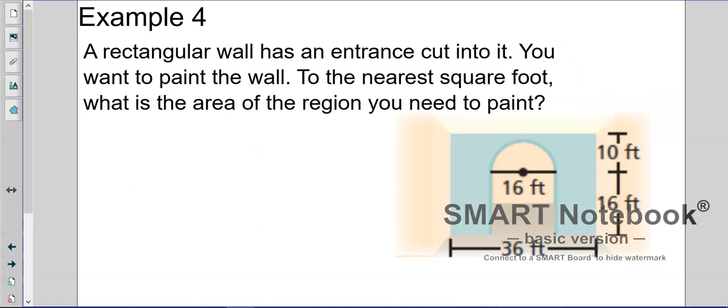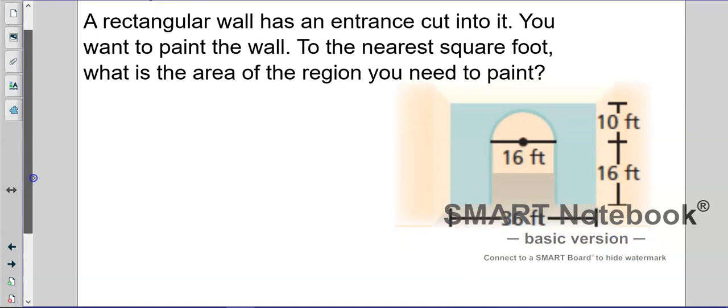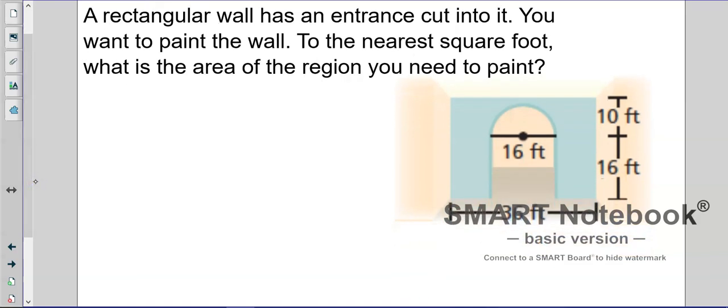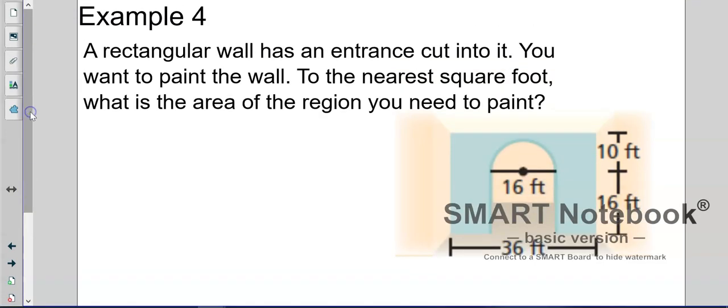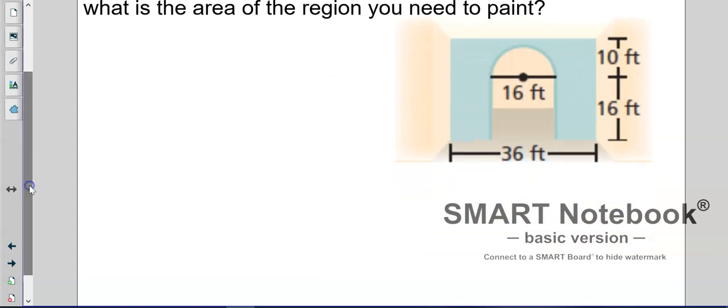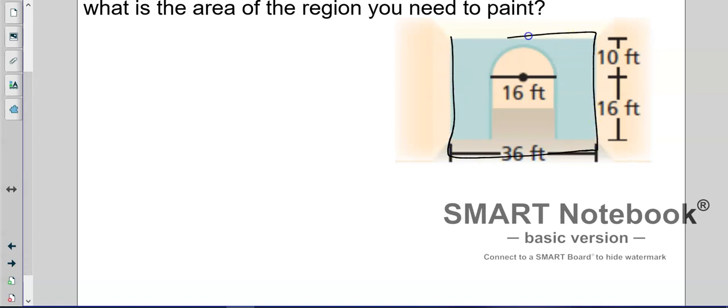All right, a rectangular wall has an entrance cut into it. You want to paint the wall to the nearest square foot. What's the area of the region you need to paint? All right, so let's see what we have here. First off, we need to find the area of the entire rectangle. So the area of the rectangle is 36 by 26 because 16 plus 10 is 26.